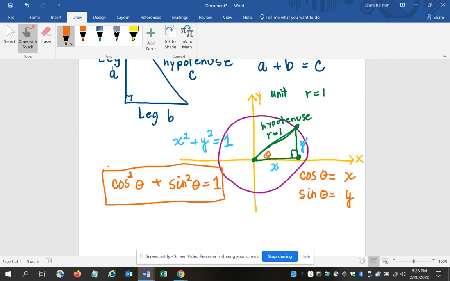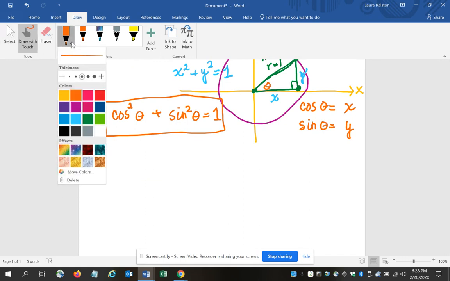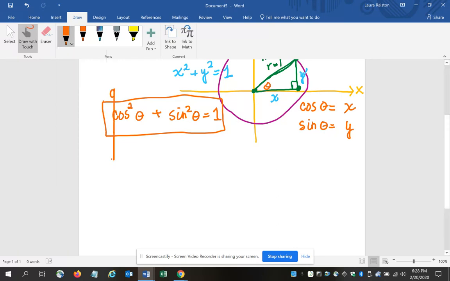I get the other two main Pythagorean identities if I take this first one and I divide. I'm going to do that for you so you can see it.